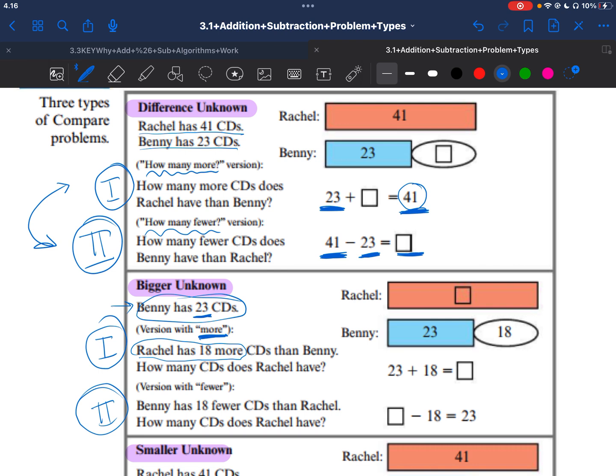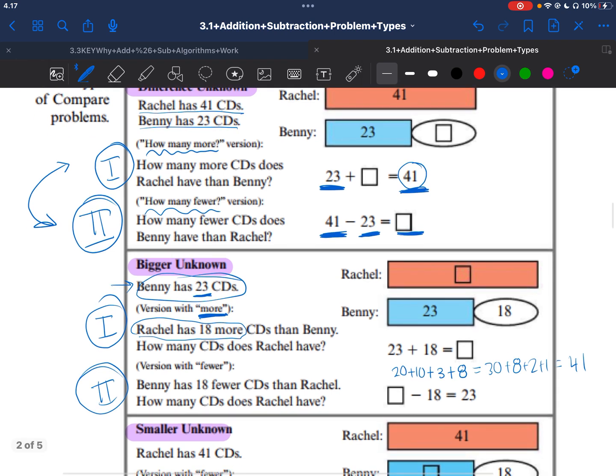23 plus 18. This is how I do it in my head. I'm gonna do mental math right now. 20 plus 10, and then you add the ones, right? So that's 30. 30 plus 8 plus 2 plus 1, that's 41. And for this one, I think of it as the same thing as that 23 plus 18, so this is 41 as well.